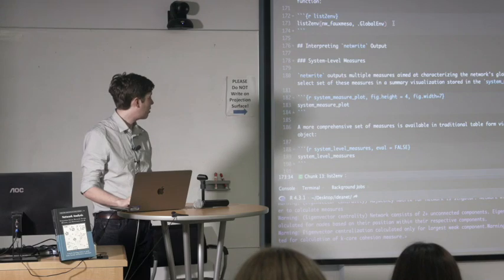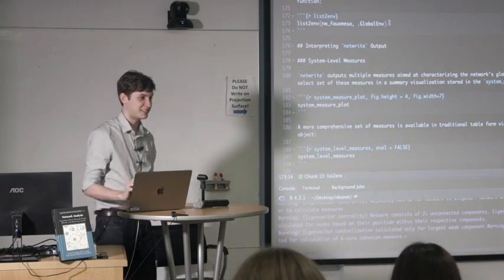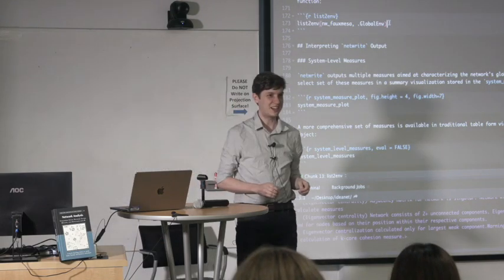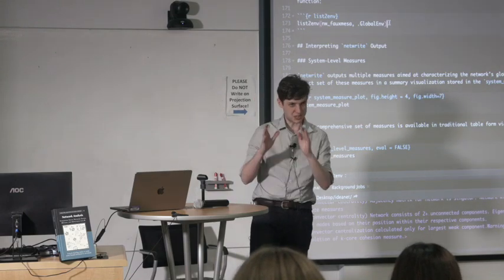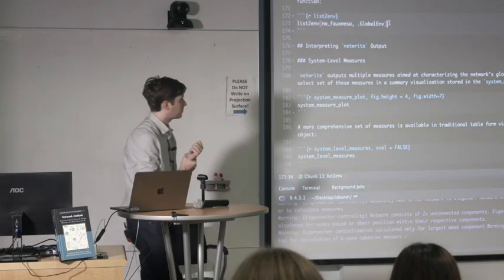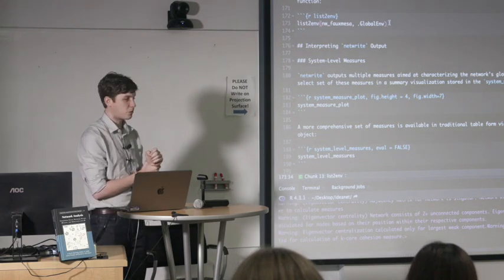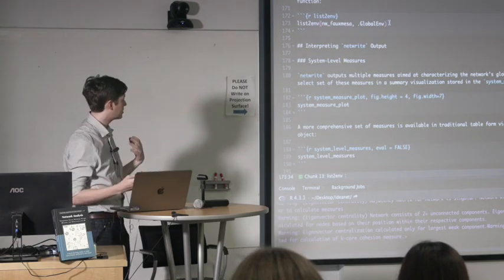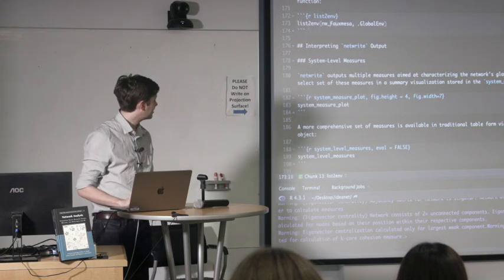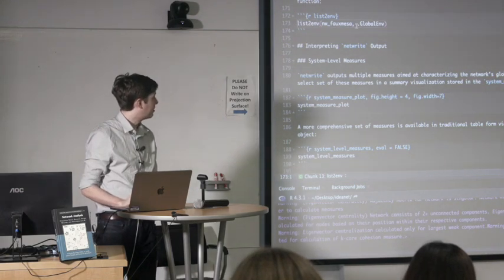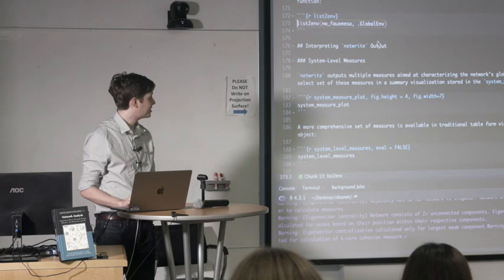Because of the way R packages are designed to work, where the idea is good programming practice, you put in a set of inputs and a function is supposed to give one output. By default, netwrite creates several outputs, but they're all stored in a single list object. However, R has this list2environment function that will take everything within a list object.